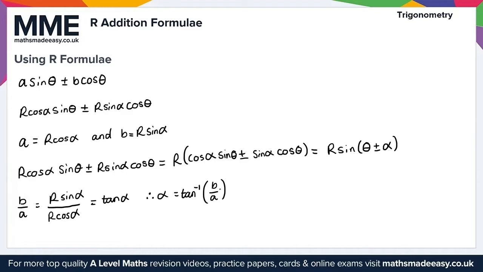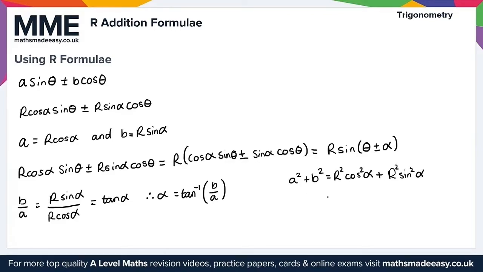Okay. We can also find the value of R by doing the calculation A squared plus B squared is equal to R squared cos squared alpha plus R squared sine squared alpha.